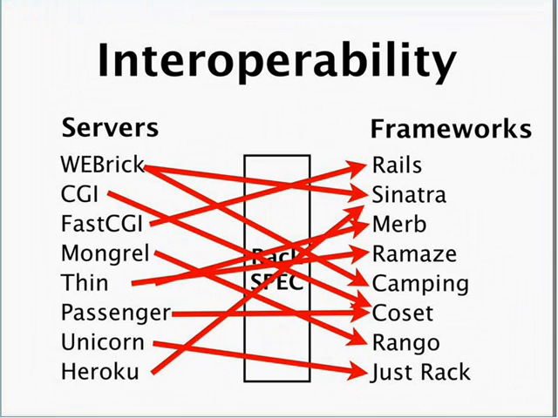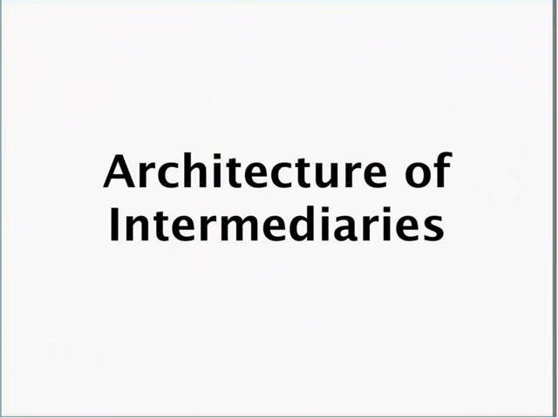And as I said, early on in Rack this was a really big deal and really important. But I think as time has gone on, we found that this is the least interesting thing about Rack, and that you can actually broaden this concept of interoperability and use the standard interface in more interesting ways. To understand that, I want to take a step back and talk about general architectures.